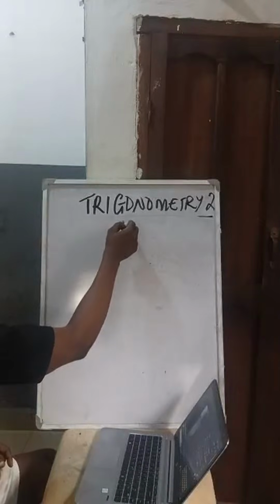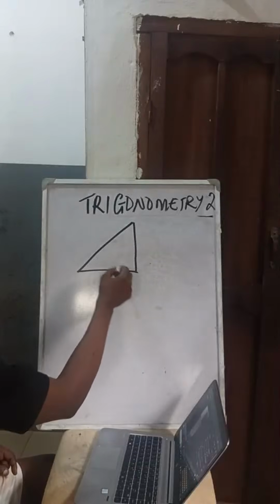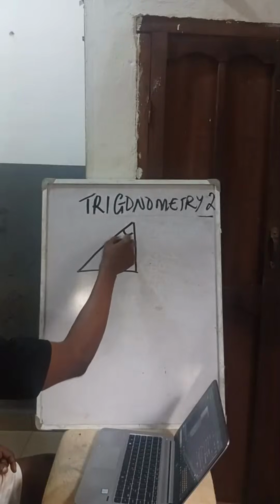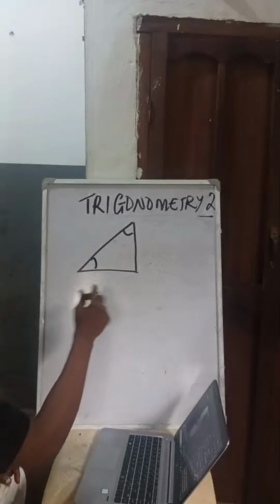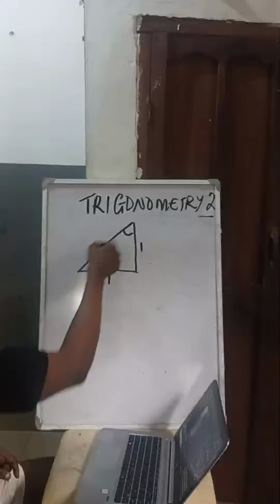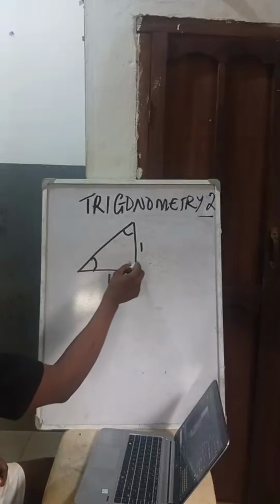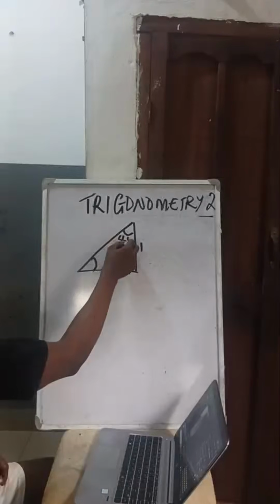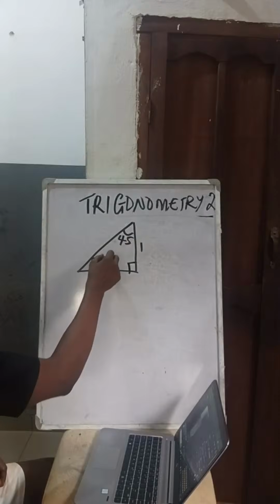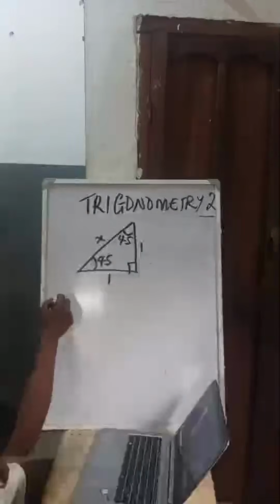All right, so using another one called isosceles triangle, where here and here, we call here 1, 1, but they have the same base. The base angles are equal. So here is 90, and here, therefore, is 45, 45. So we call this side x. Here is 1, 1. So what do we do?